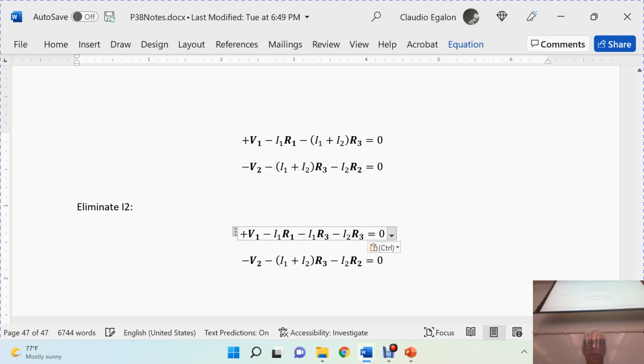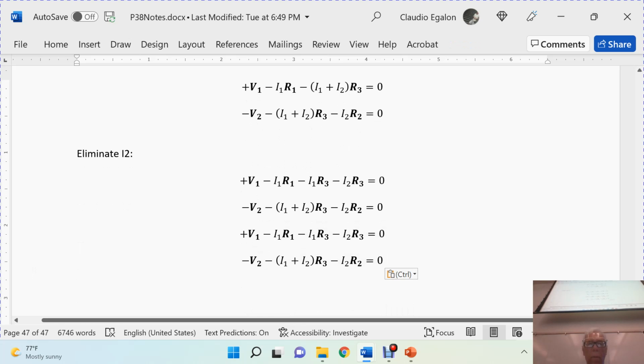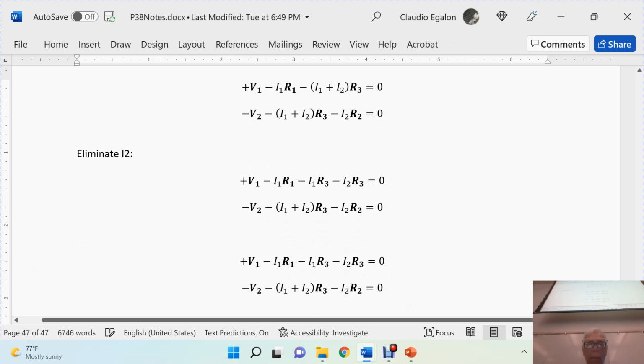I didn't eliminate I2 yet, but I'm going to in the next step. I'm going to pass I2 R3 to the other side.